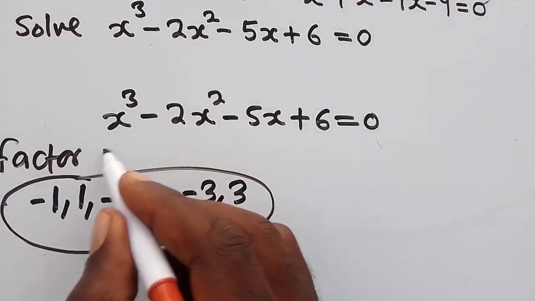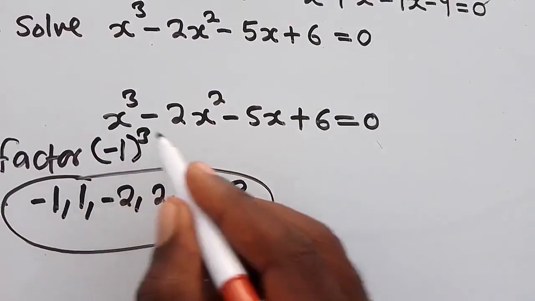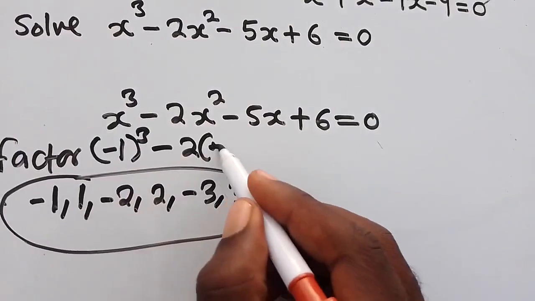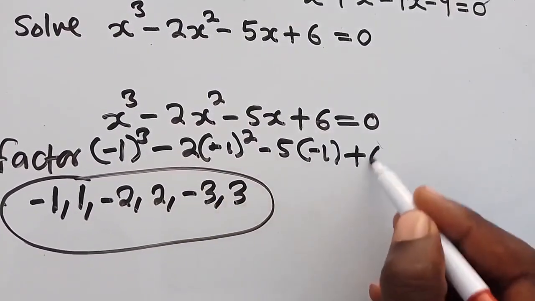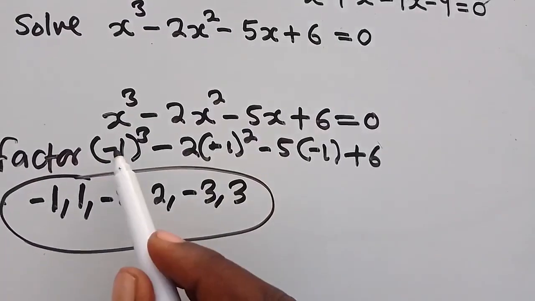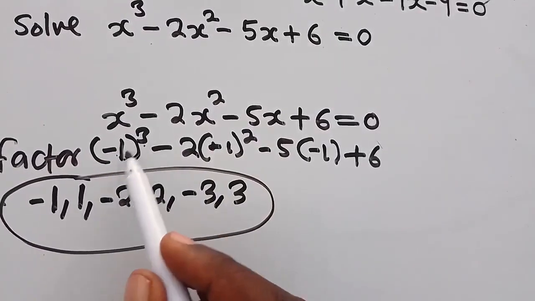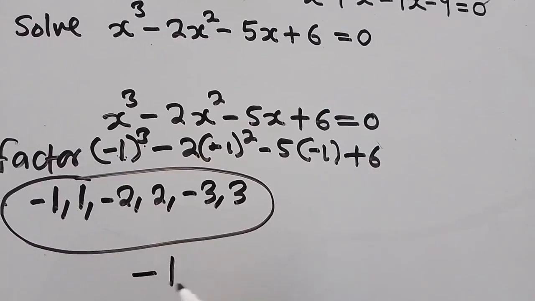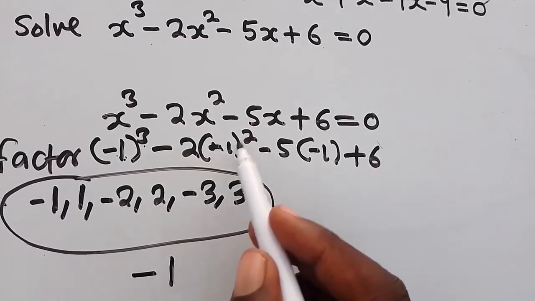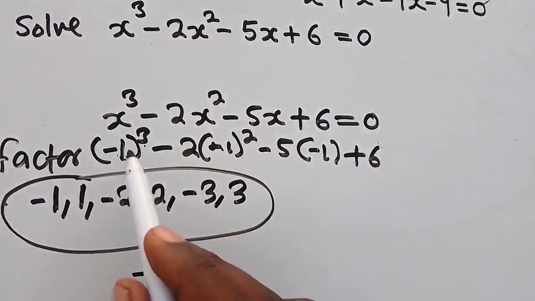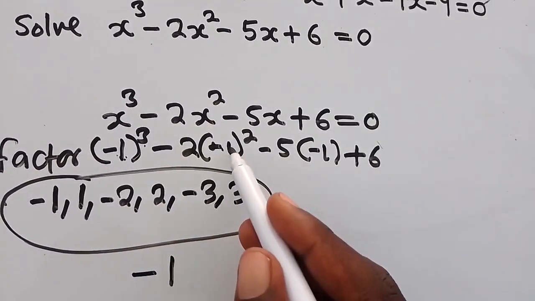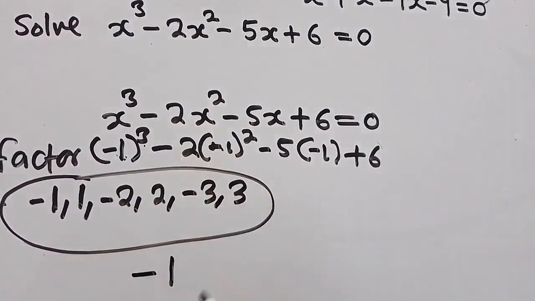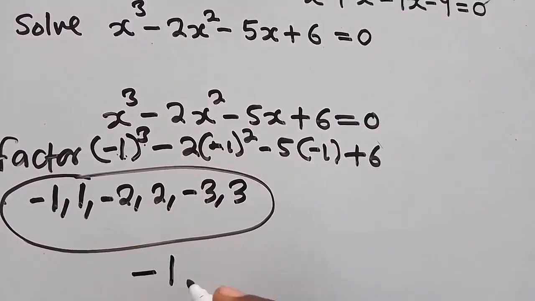So I'm going to put negative 1 here: negative 1 cubed minus 2 times negative 1 squared minus 5 times negative 1 plus 6. What do you get? Negative 1 cubed is negative 1. Negative 1 squared is positive 1, and positive 1 times 2 is negative 2.